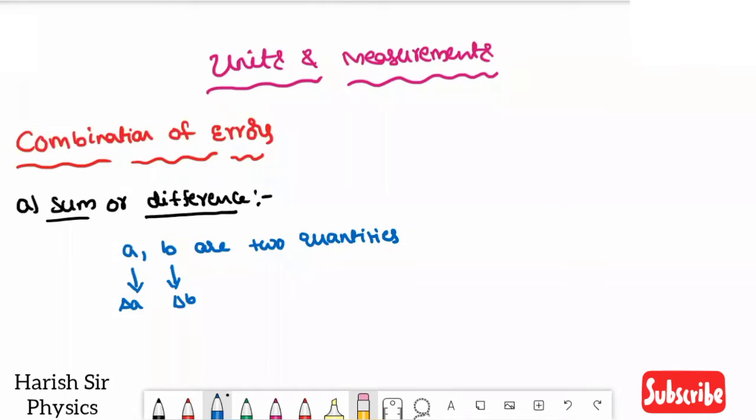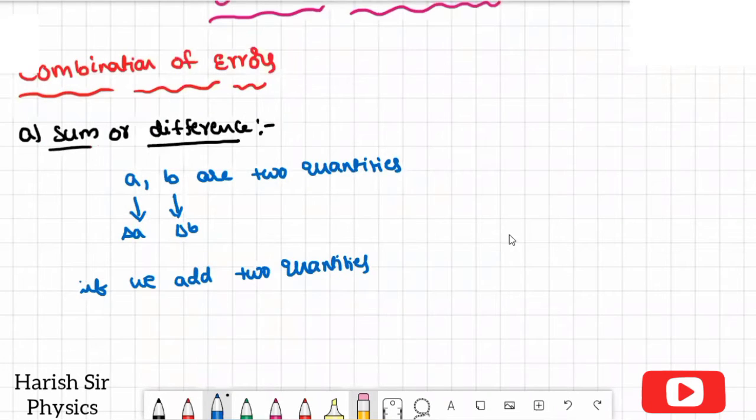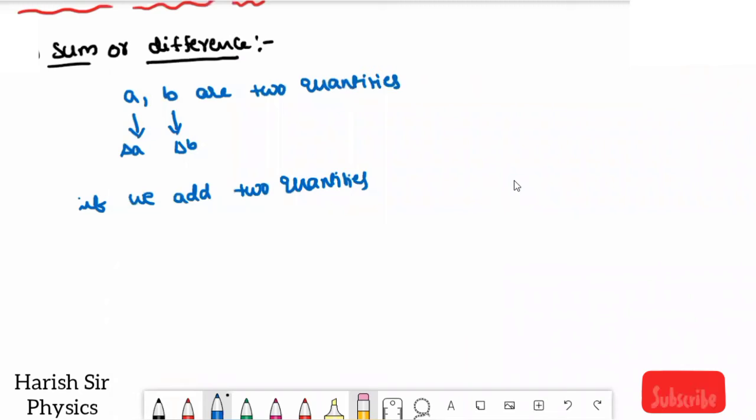Now, if we add two quantities, the resultant, you can take as Z. Z is equal to A plus B generally. But here, two errors are there.